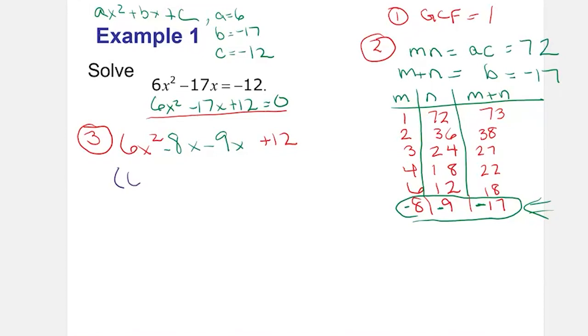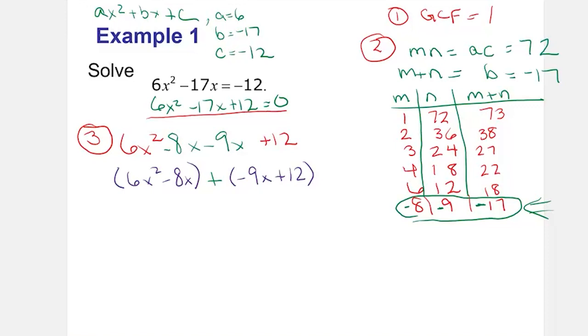We get 6x squared minus 8x, okay? Always put a plus between them. And then I have a negative 9x. I'm just going to put the negative inside the parentheses plus 12. The reason I do it like this is because if you just put the parentheses, a lot of times you'll make the mistake and you'll leave that as plus 12, but you'd have a minus where I have that green plus here.